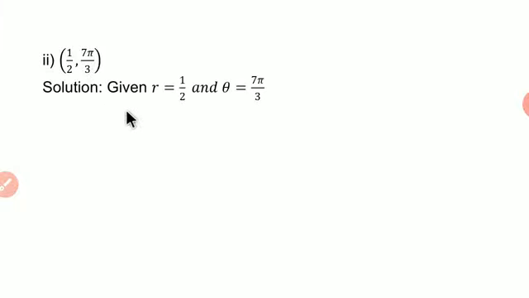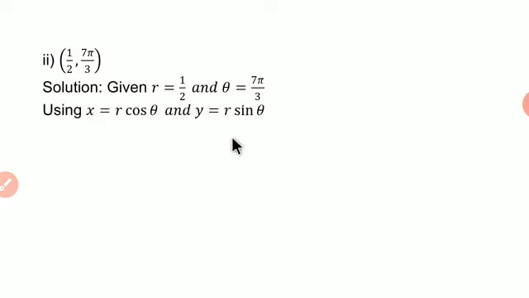Now see the second polar coordinates as (1 by 2, 7 pi by 3). So in the solution, given r is equal to 1 by 2 and theta is equal to 7 pi by 3.